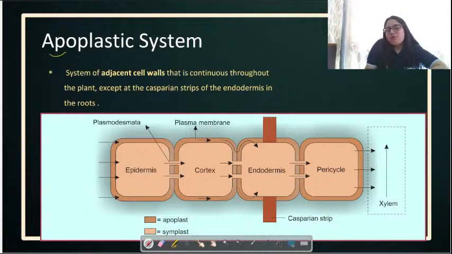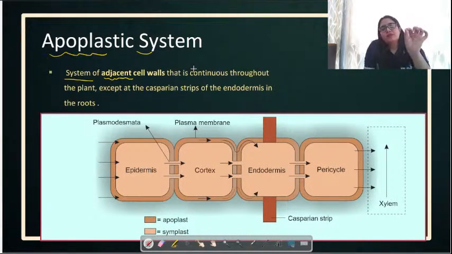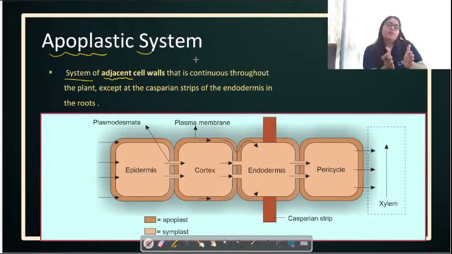So see, what is the apoplastic system? The apoplastic system is a system where water moves in the spaces that are present between the adjacent cells, as well as it is formed by the cell wall space. So remember this students, in the apoplastic pathway, water will move with the help of the spaces which are present between two cells and also the spaces that are available in the cell wall, right?